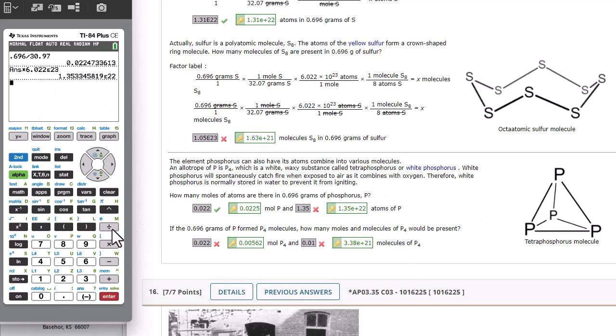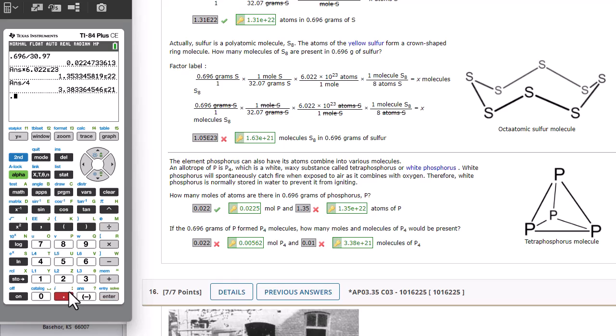And if there are 4 of those P's in every one of our molecules, we would just divide that huge number of atoms by 4 to find out how many little tetrahedrons are there, and that's our 0.33 times 10 to the 21. So we could have gone the route with finding out how many moles of P4, which could have been done this way.